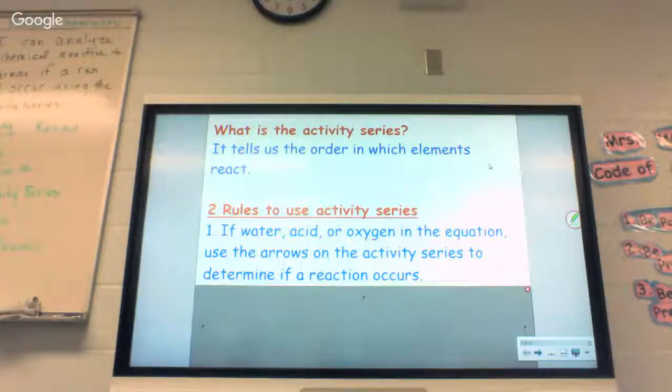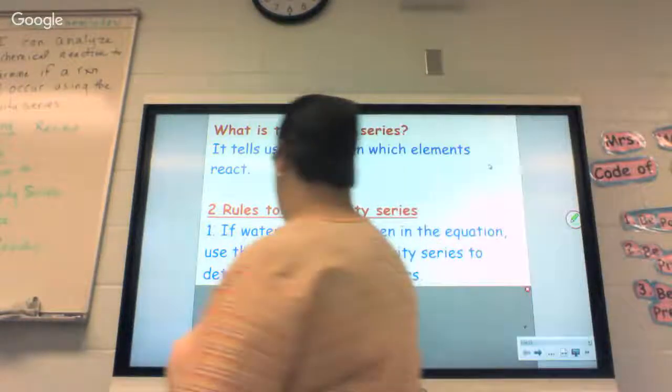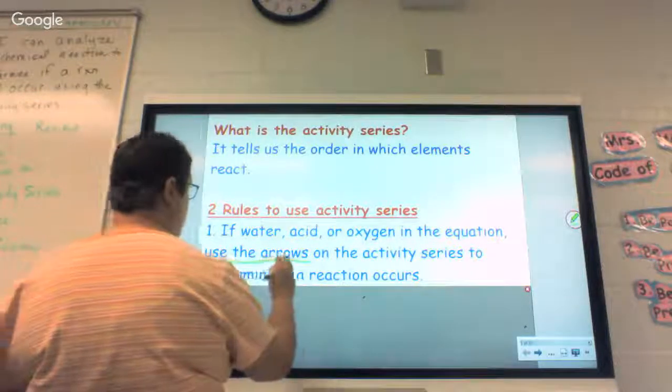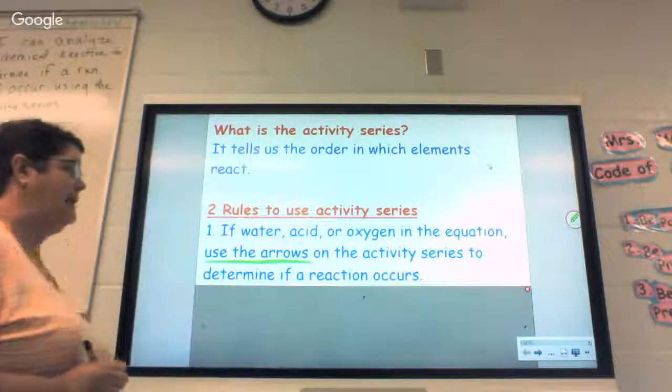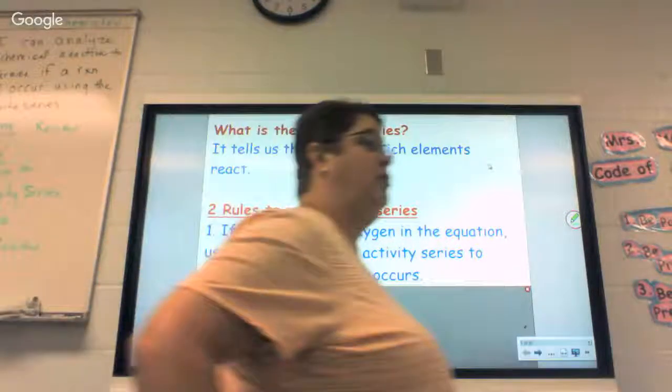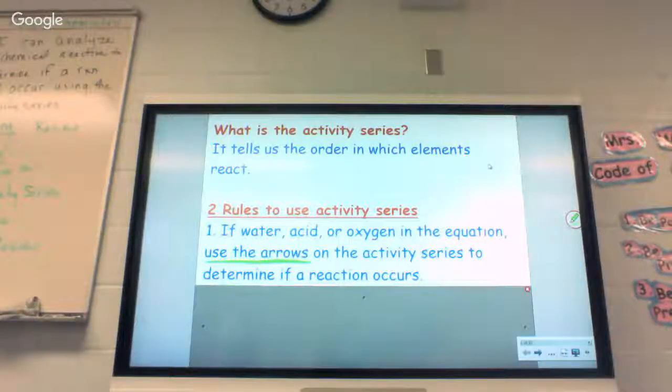If you have an acid or oxygen in the equation, you use arrows. Okay? You use arrows on the activity series to determine if the reaction occurs.